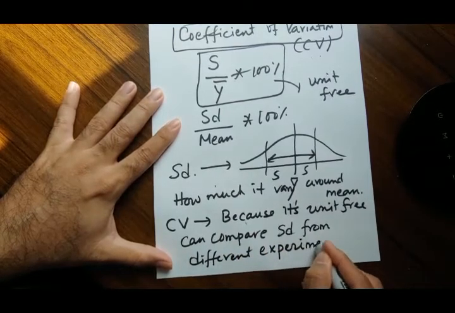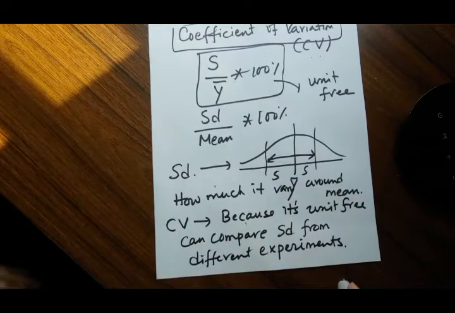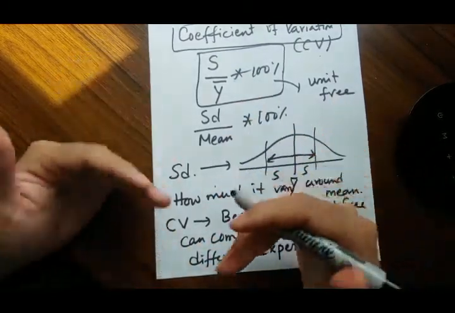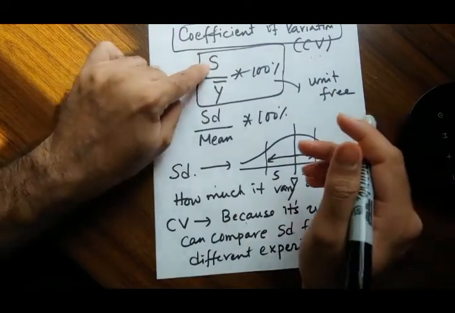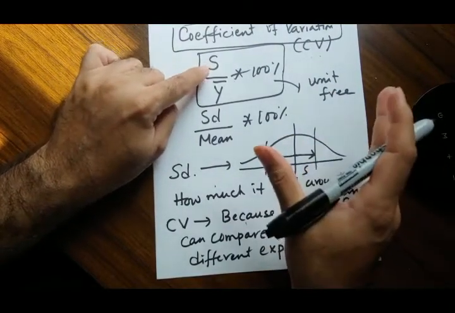In your book, they discussed an example: if we want to compare the variation of weight between an elephant and a mouse, the S will be incredibly small for the mouse, and S will be incredibly huge for the elephant.